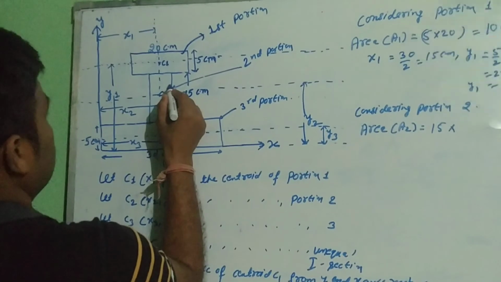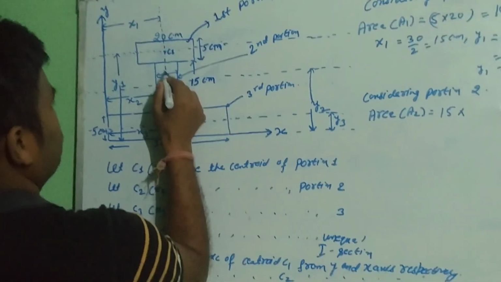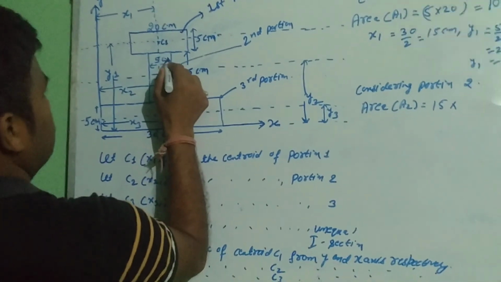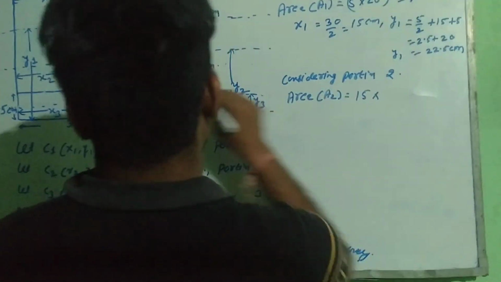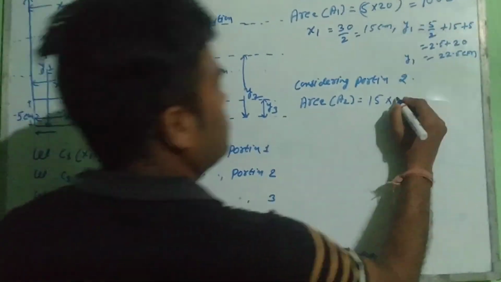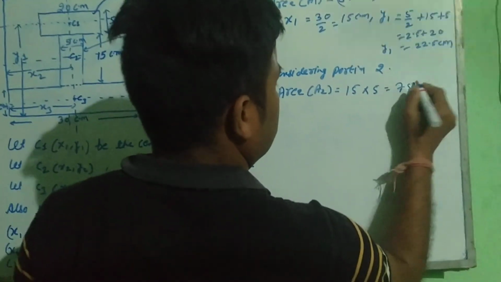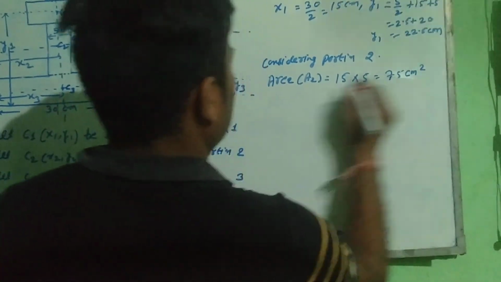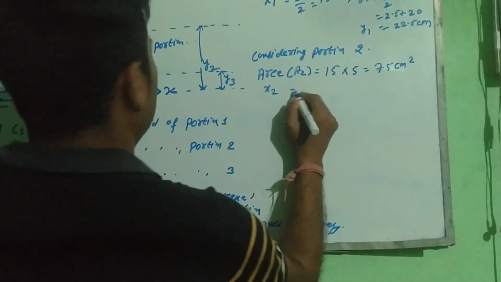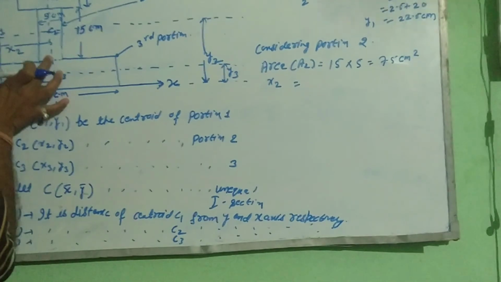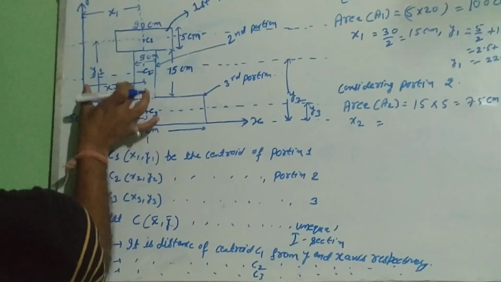So 15 into 5 is 75 centimeter square. Now x2. x2 is just the same as x1.